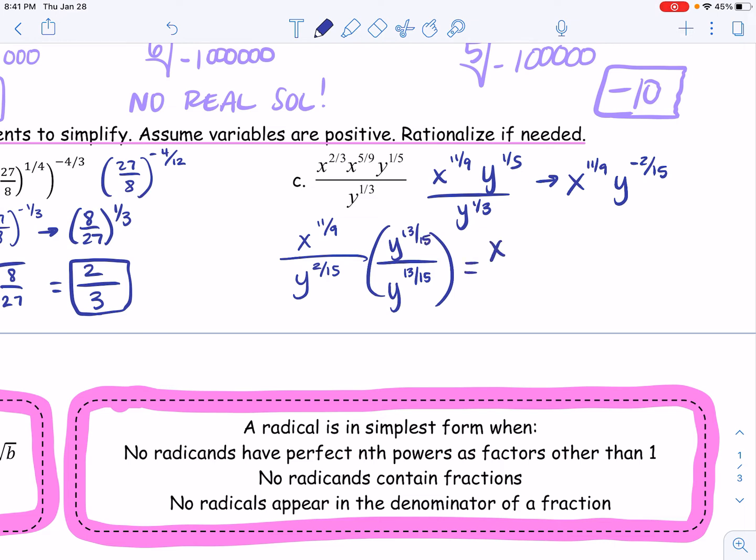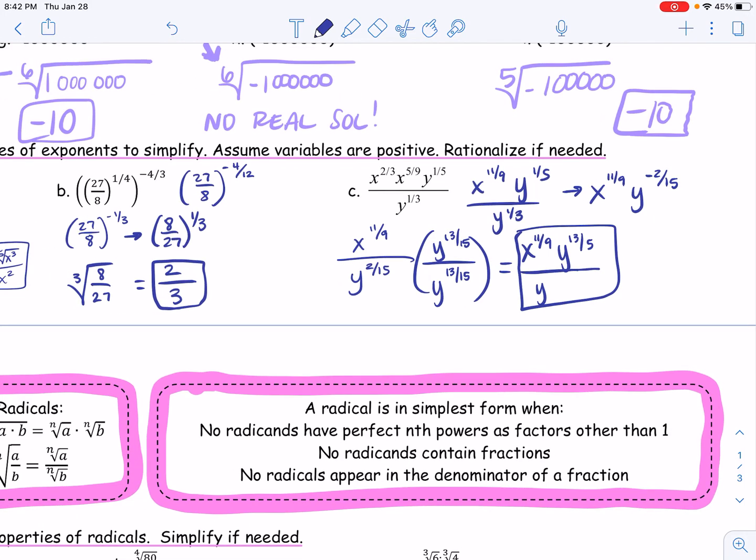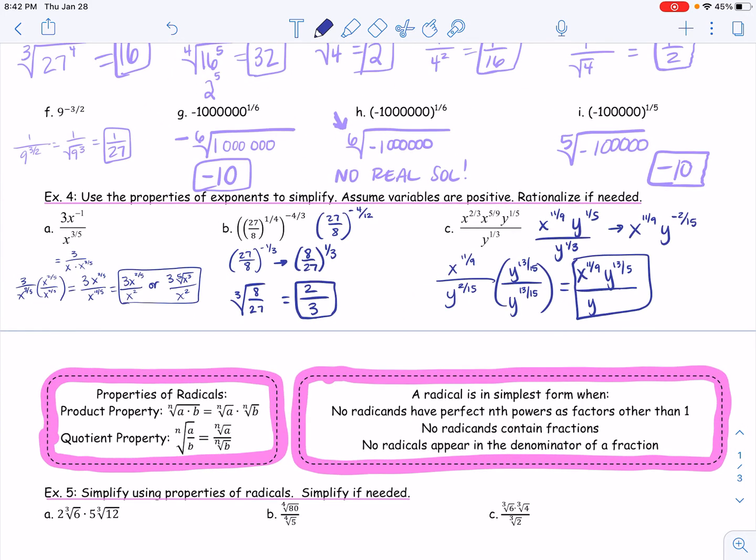So now I have x to the 11 over 9 times y to the 13 over 15 over just y to the 1 power. And I don't have to put that. It's fine to have a variable in my denominator. It's not fine to have a radical in my denominator. I know it looks ugly, but that is totally fine. That's your answer.